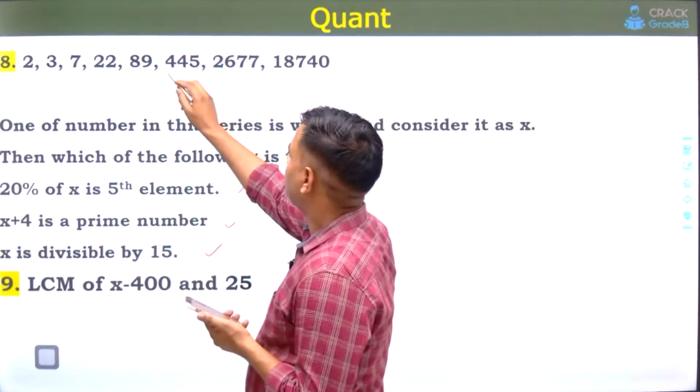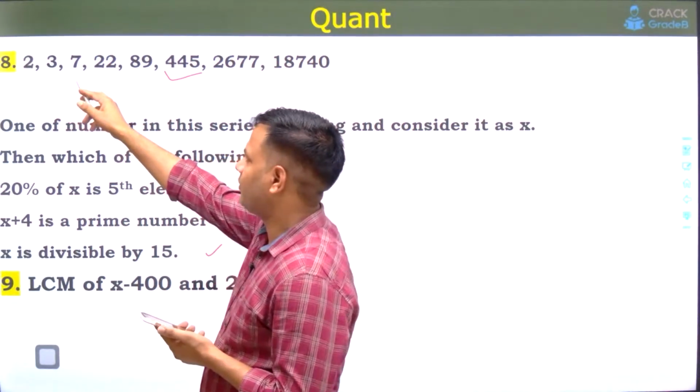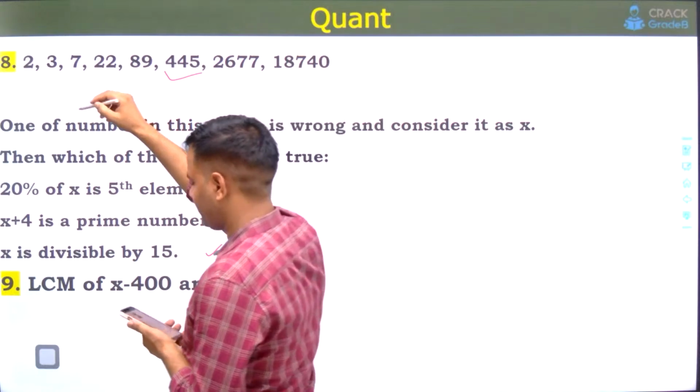Yes, this was wrong, because 2 into 1 plus 1, 3 into 2 plus 1, 7 into 3 plus 1, 12, 20. What is the series?